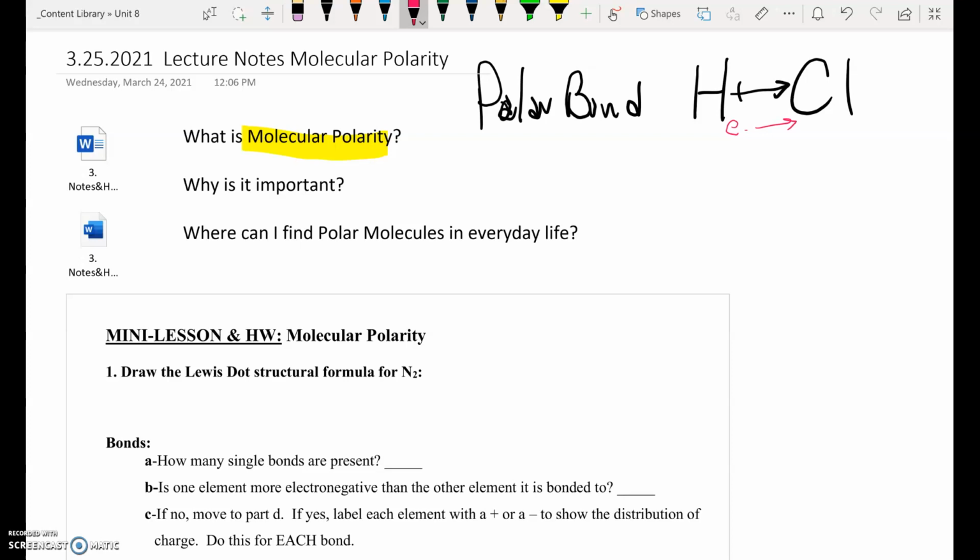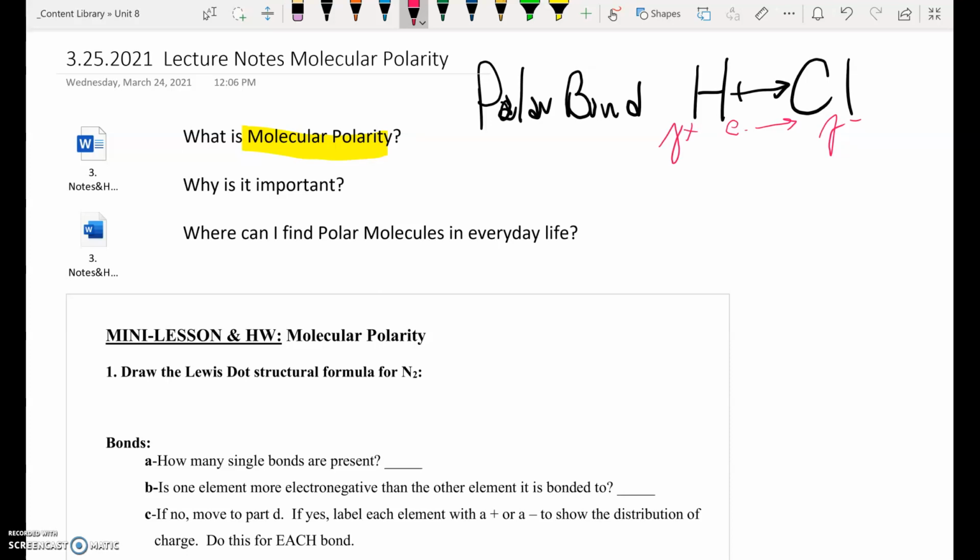Because chlorine is so much more electronegative, it actually pulls the electron more than hydrogen does. So chlorine ends up getting the electron most of the time, and as a result, it becomes slightly negative, whereas the hydrogen becomes slightly positive.